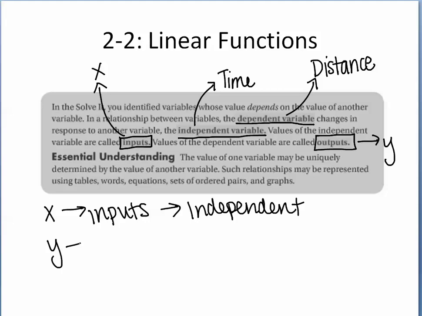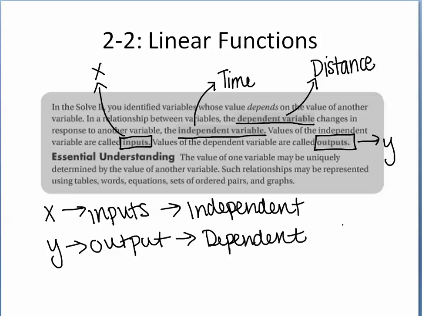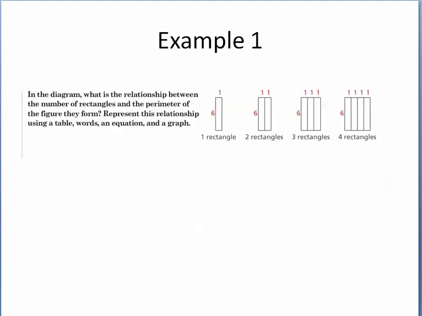Then the Y is your output, and those are your dependent variables. So you can kind of see there is a coordination between the I's. It might help you. Inputs are independent, outputs are, well, different letter, but okay, so let's look at an example.